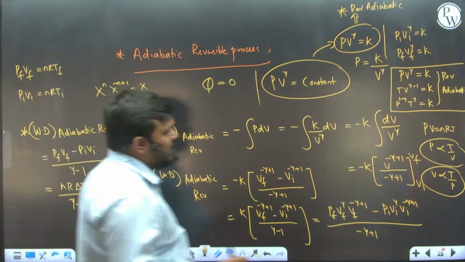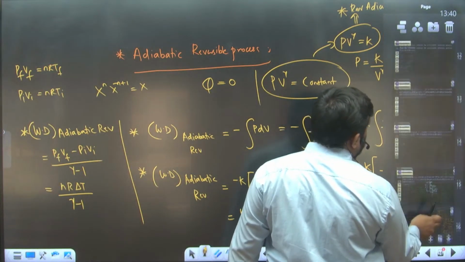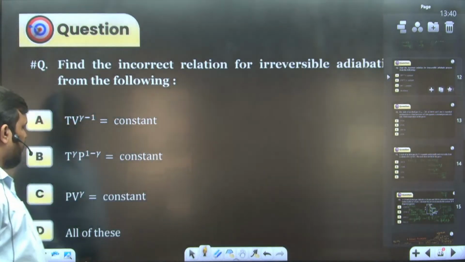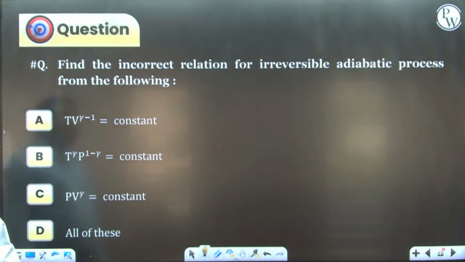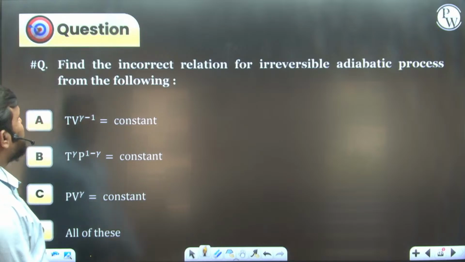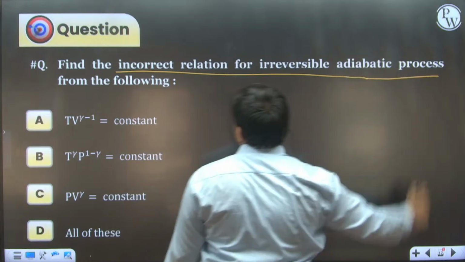One question they asked over here. Let us see the question. So this is the important question I am talking about. Find the incorrect relation for irreversible adiabatic process from the following. So they are asking us the incorrect relation for irreversible adiabatic process.